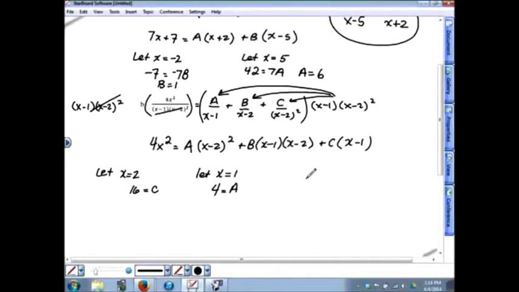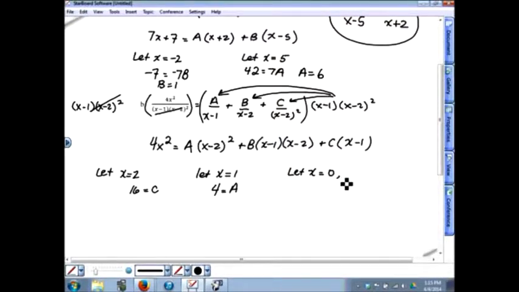Now, this next part, you have to get a little creative. We've used the only two convenient values, quote unquote, of x that would make these terms disappear. Now, remember what I said a little bit earlier. It doesn't really matter what x equals because we're solving for a, b, and c. So you can really let x equal whatever you want. So I'm going to let x now just equal a random number.